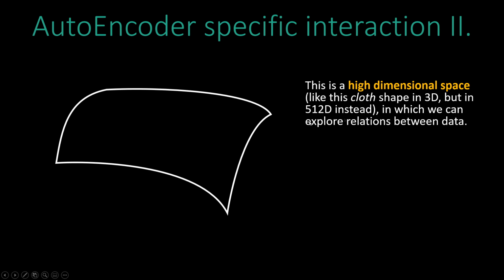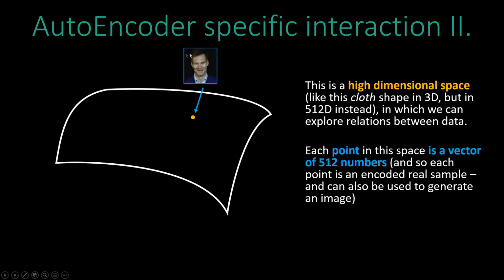And this is a space that we can use to throw the real samples into and encode them into that space. What that means is that we can take a face of this dude and encode that into a single point of this high dimensional space. You can imagine that each point of this high dimensional space corresponds to one vector of 512 numbers.